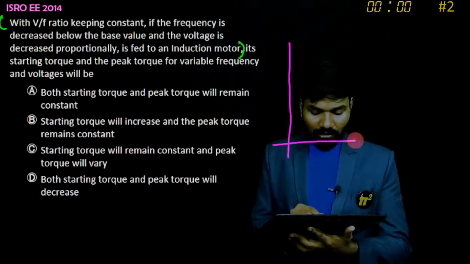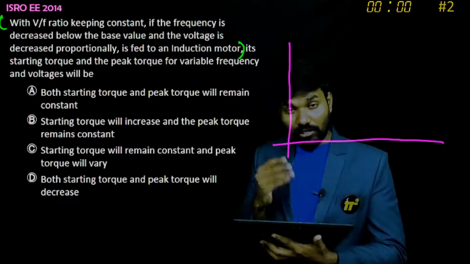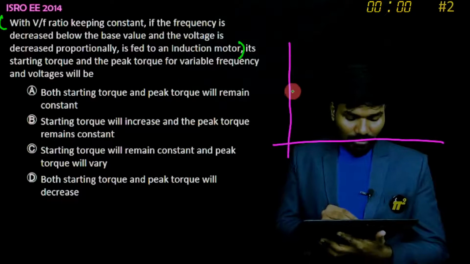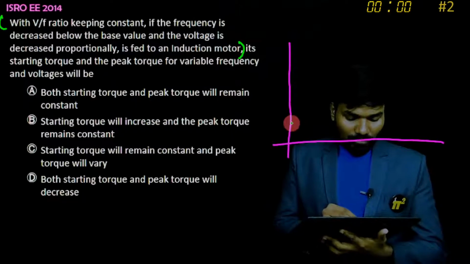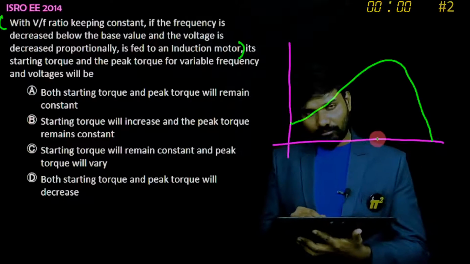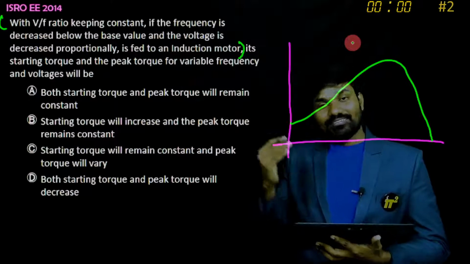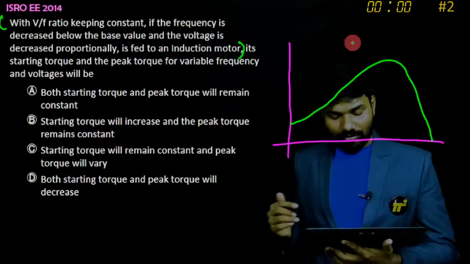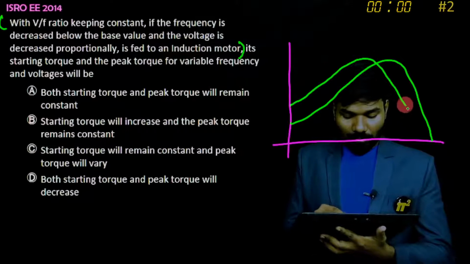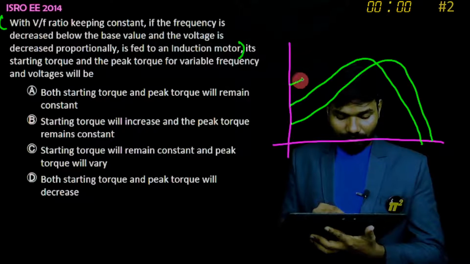If you just draw the torque slip characteristics, in part 1 of induction motor we have also seen a similar question. Suppose at rated frequency and rated voltage the curve is like this. If frequency is decreasing, then starting torque will go up, but maximum torque will be the same.